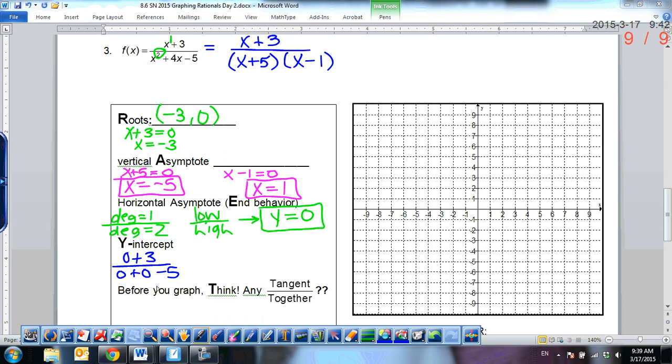So these can all go away. So what is our y-intercept going to be? Negative 3 over 5, and we write it as a point. So 0, comma, negative 3/5. Okay with that? All right, plot these four things.